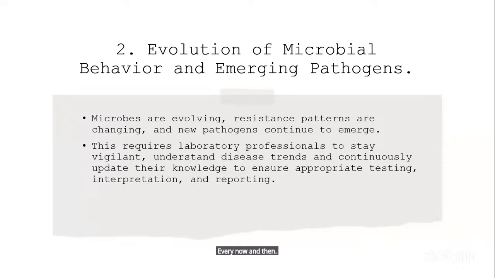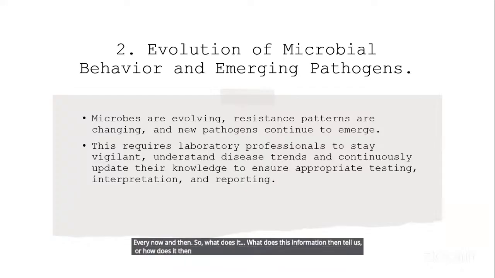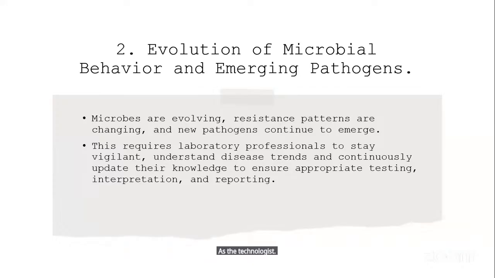So what does this information tell us, or what is required of us as technologists? This requires laboratory professionals to stay vigilant, understand disease trends, and continuously update their knowledge to ensure appropriate testing, interpretation, and reporting.